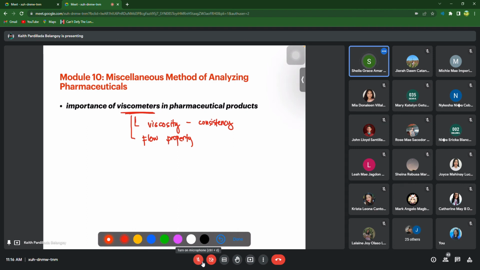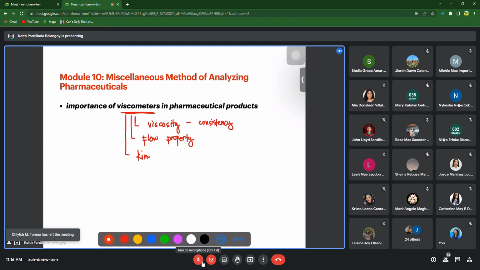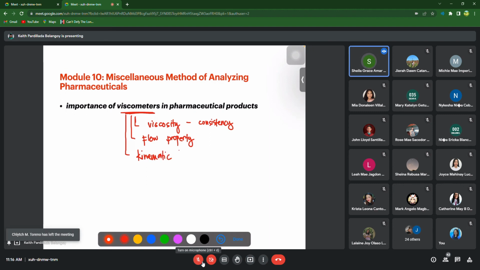There are two terms derived from how the viscosity is measured. First, kinematic viscosity and dynamic viscosity. Dynamic viscosity, or absolute viscosity, is a measure of the resistance a fluid offers to relative shearing motions.